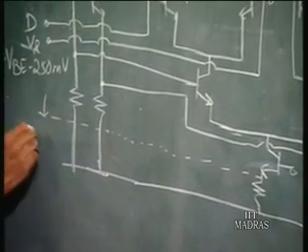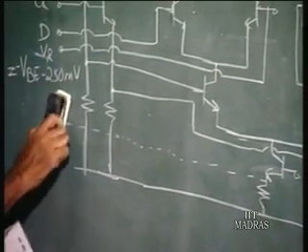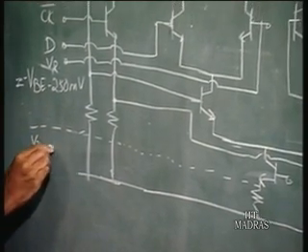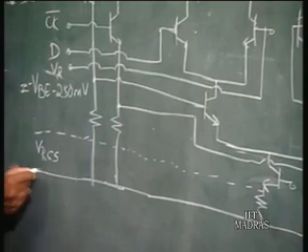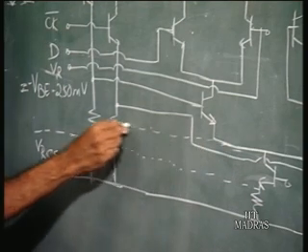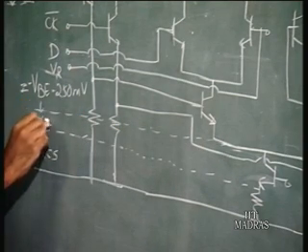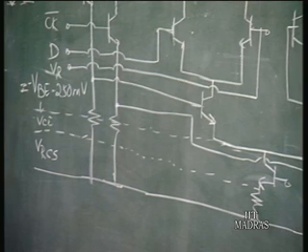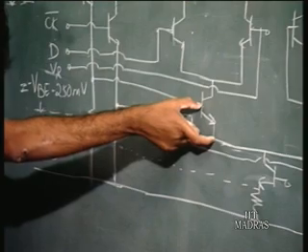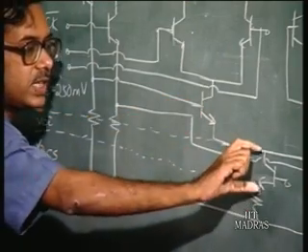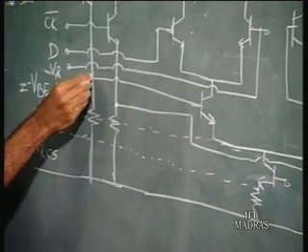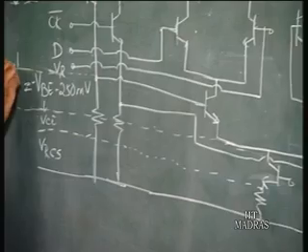Let us call this VRCS, the drop across the resistance for the current source. Then you have the VCE of this transistor. Then you have the VBE of this transistor. From here this is VRCS, then you have VCE. From here to here you have VBE. Another VBE. I think another VBE will be there.